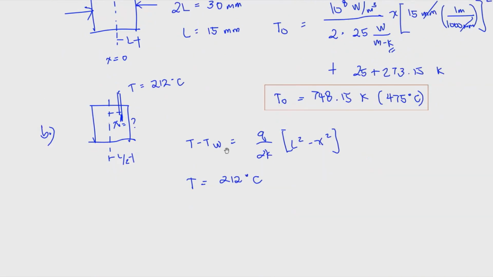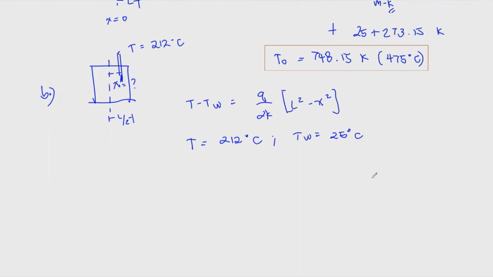So anyway, we have T equal to 212 degrees Celsius, and TW equal to 25 degrees Celsius. So all we have to do is simply substitute the values here. So now I'll be having 212 degrees Celsius.